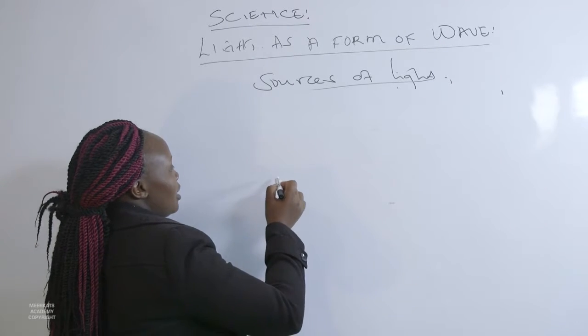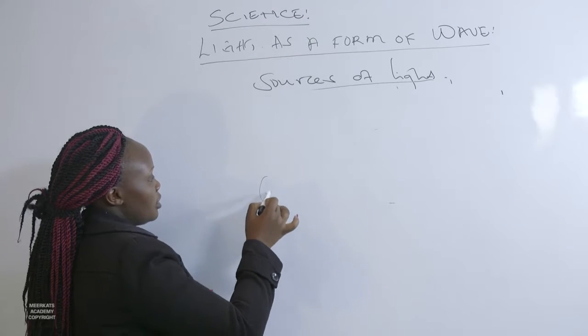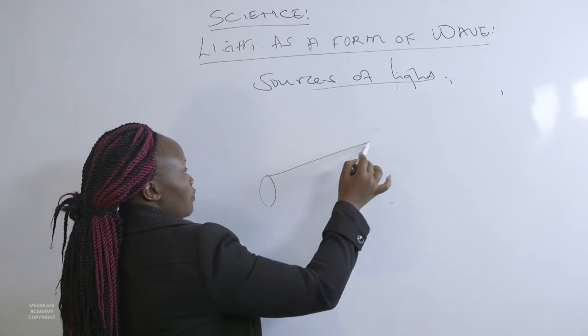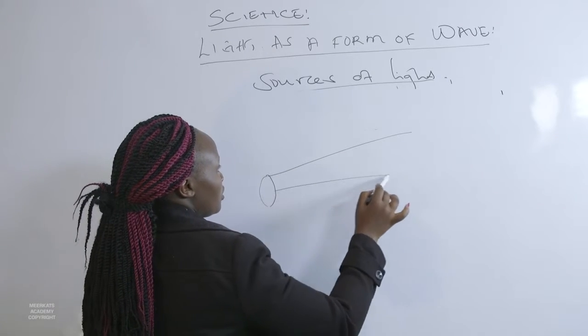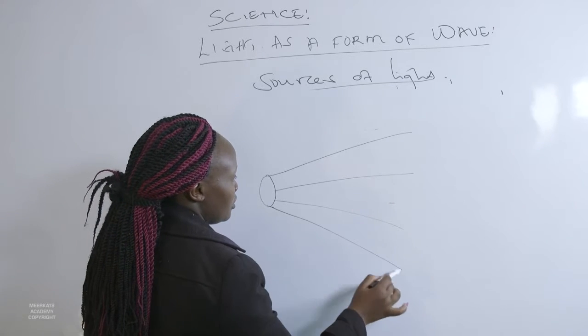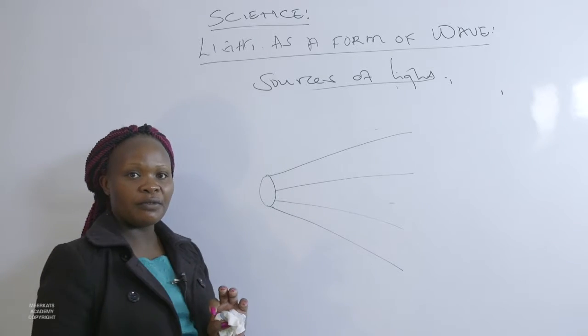Depending on the type or the distance also of the source of light from the obstacle, you could also have different shadows being formed.